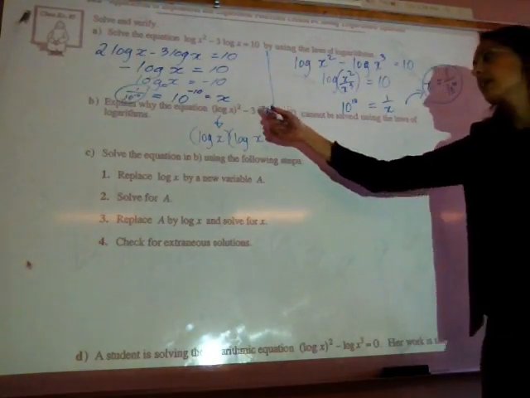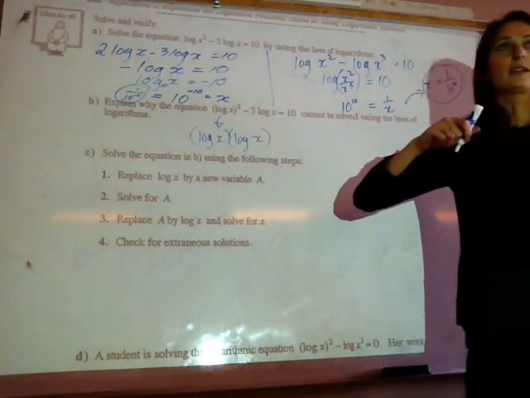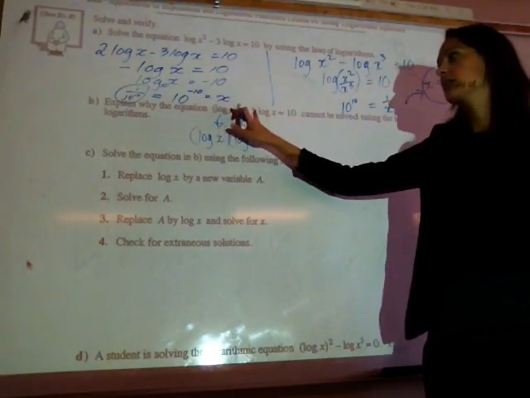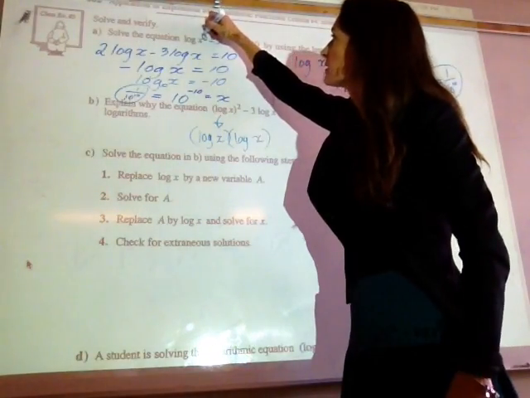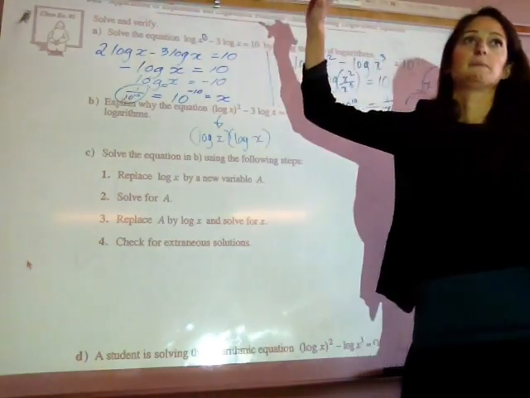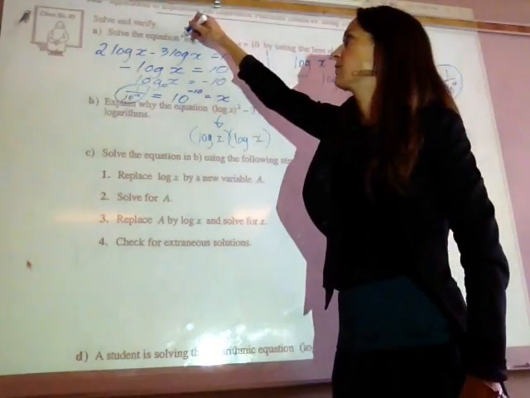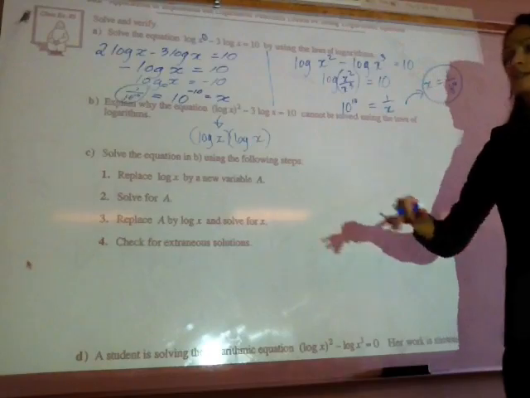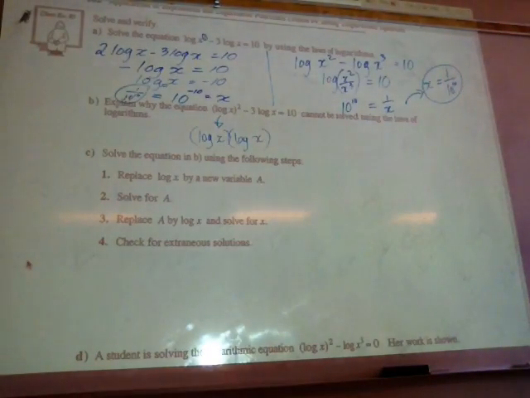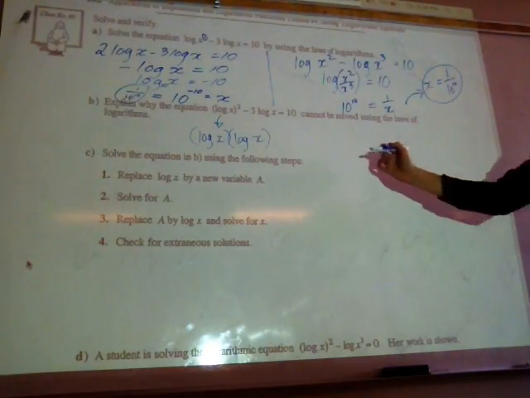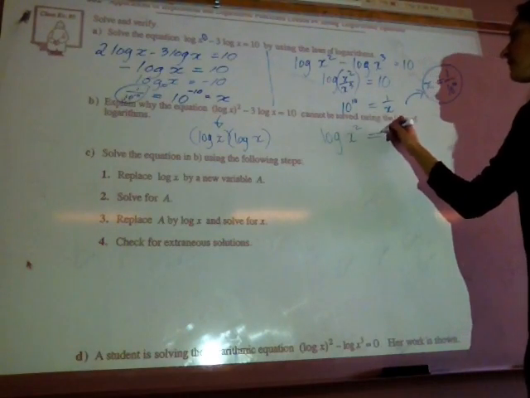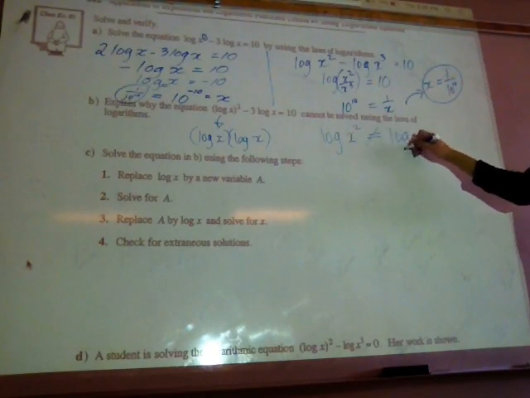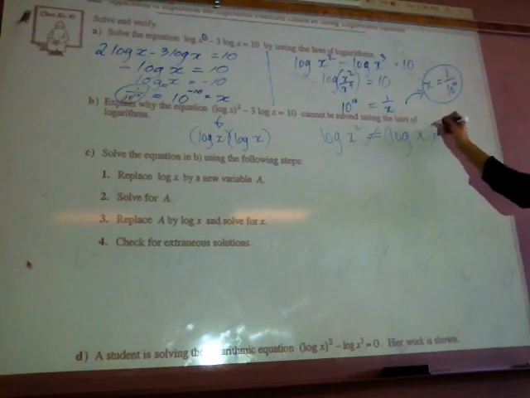You can't move that exponent out front magically because it's the entire log squared. Whereas up here, the exponent was just on the argument, and that's why we're allowed to move it out front. Not in this case. It's two separate logarithms that's multiplied by itself. So we can conclude that log x squared does not equal log x all squared.